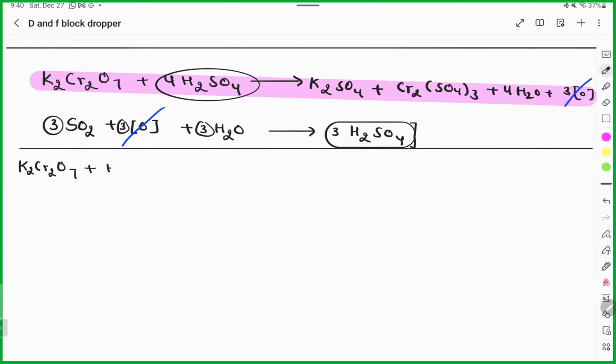So net 1H2SO4 on the left hand side, reacting with 3SO2 will form K2SO4, Cr2(SO4)3 plus 1H2O because of net SO.